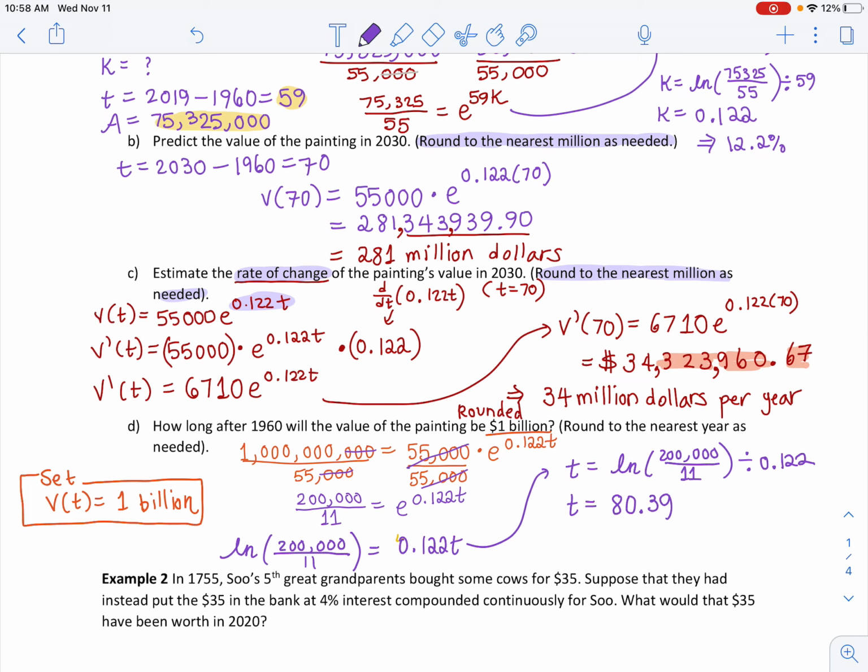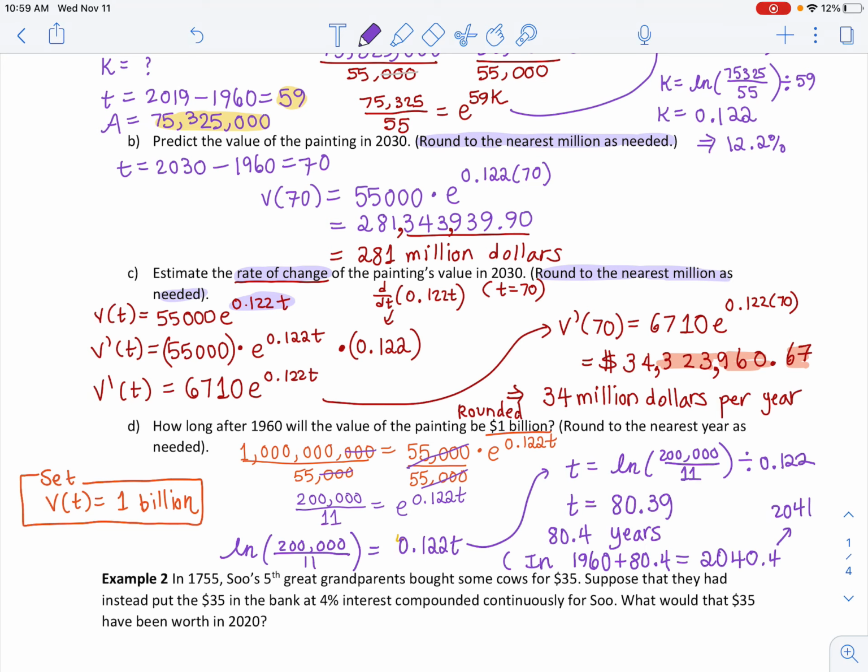All right, I got 80.39. Okay, I just rounded to the nearest hundredth. So it's going to take about 80.4 years. So I can say 1960 plus 80.4 is, oh wow, 2040.1, so I will say 2041.